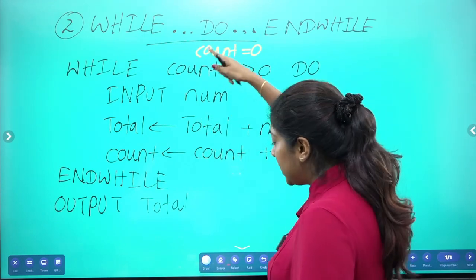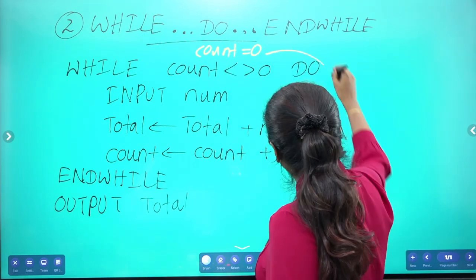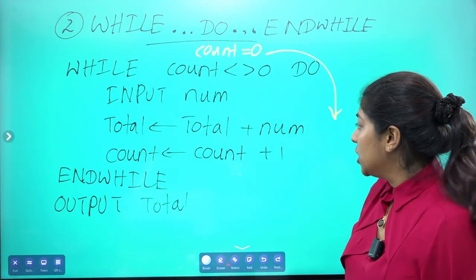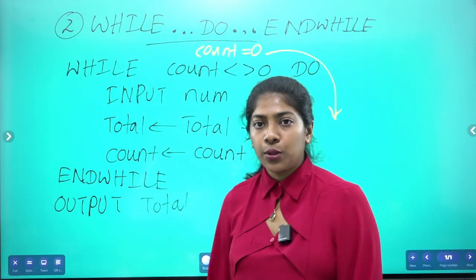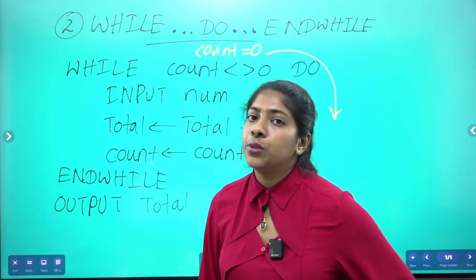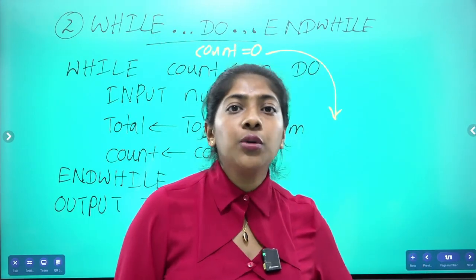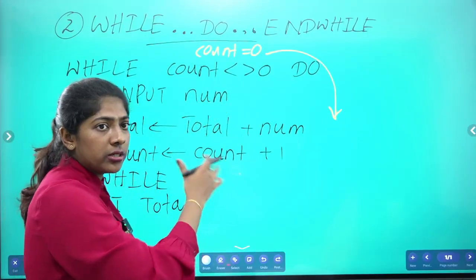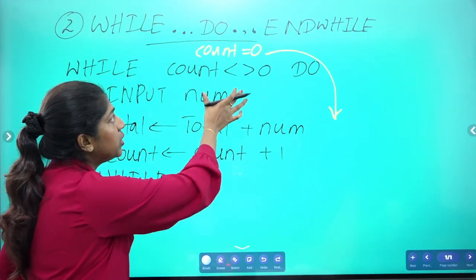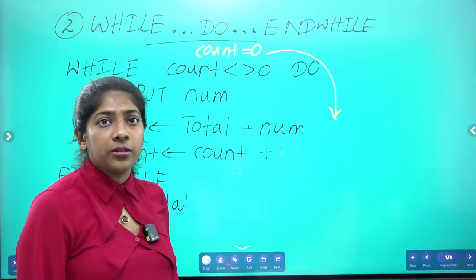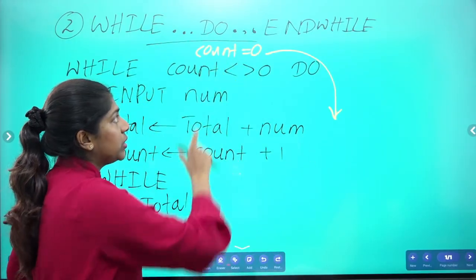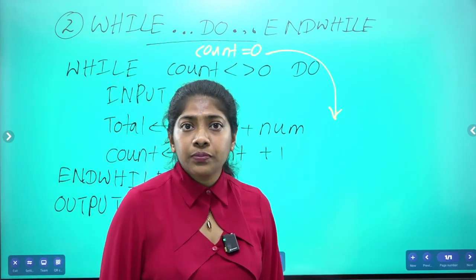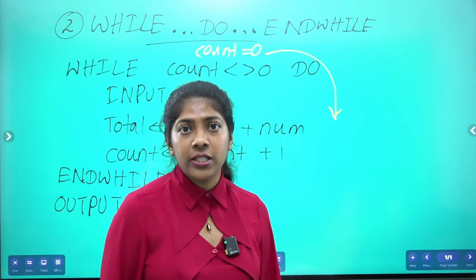At that point the loop will be ended, and we come out of the loop and output the total. This is what the while do loop means. When we don't know how many times the loop should run, it runs as long as count is not equal to 0. At the point count equals 0, which means the condition becomes false, the loop will be ended.